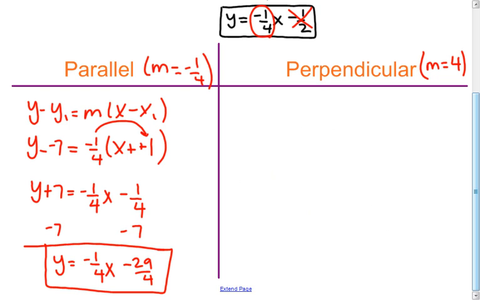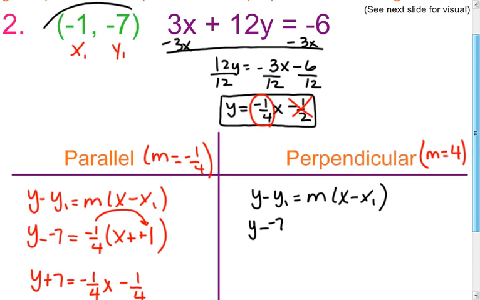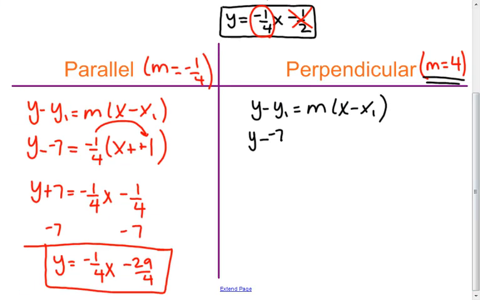Perpendicular to it will be a little easier because we're not dealing with fractions. But again, we will still do y minus y1 equals m times x minus x1. Our y1 is still our negative 7. From up here, I'm still using the same point. Our m is now 4. And our x1 is up there from that same point too, negative 1.